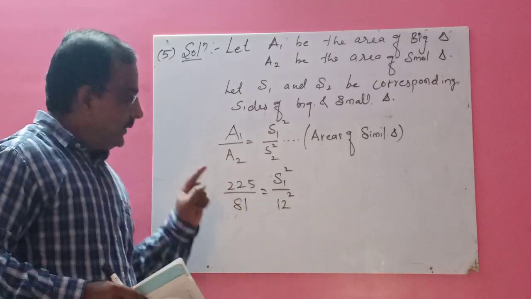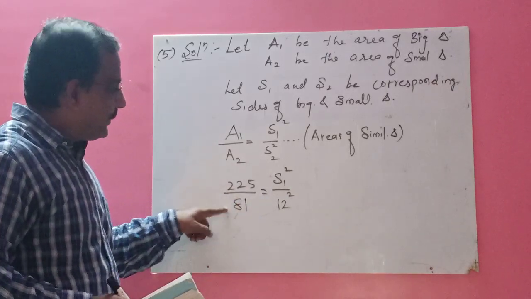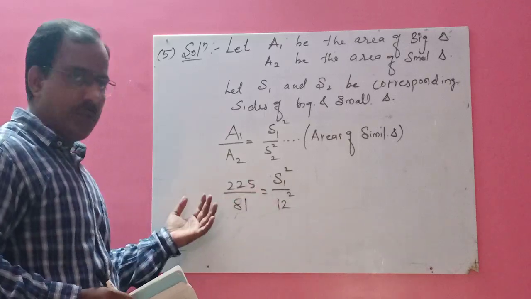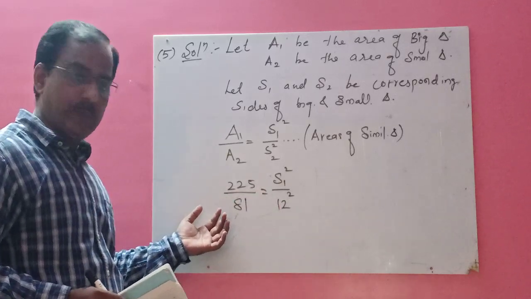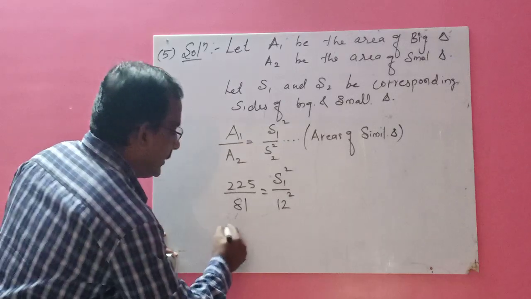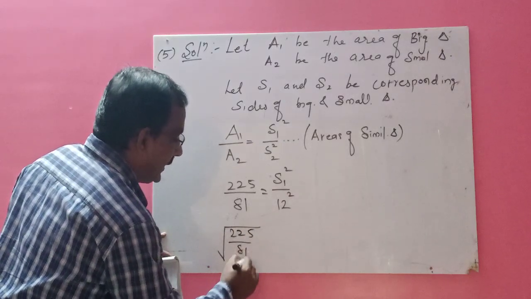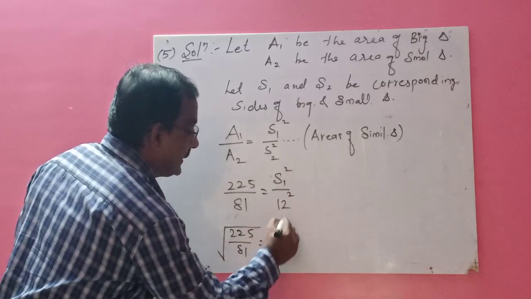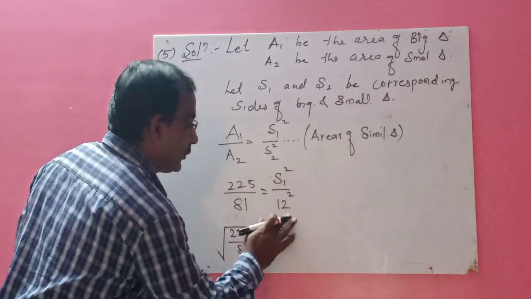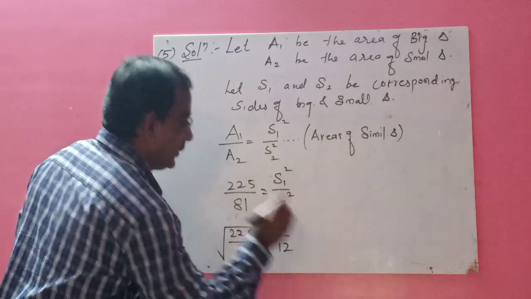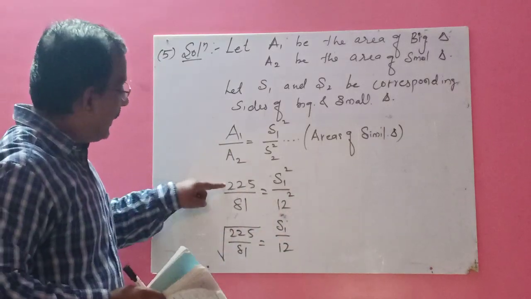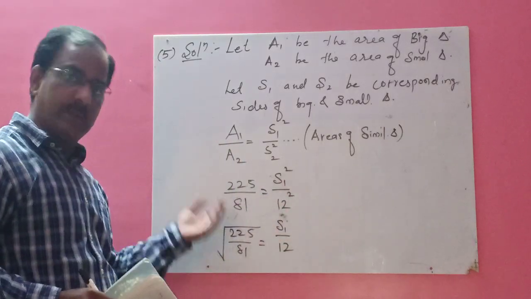What you will do now, because both the numbers are perfect squares, so first you should take the square root. If you take the square root here, this will be 225 upon 81, S1 upon 12. Or you can divide first and then take the square root, that is also right.